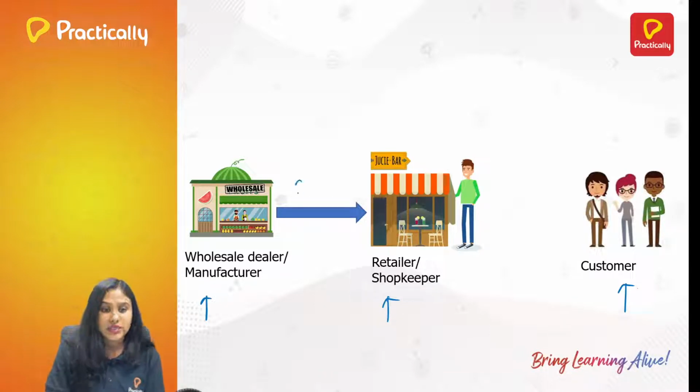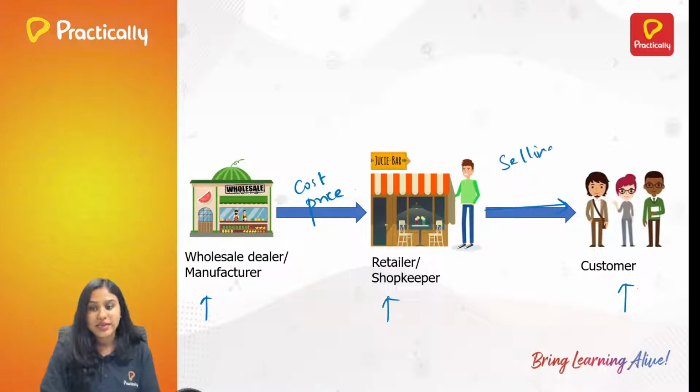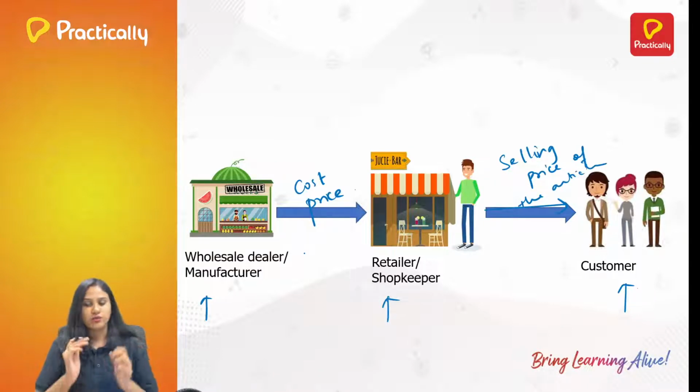This is nothing but the cost price of the product. Now he will sell it to the customers. This is nothing but the selling price of the article, and that was the cost price of the article.